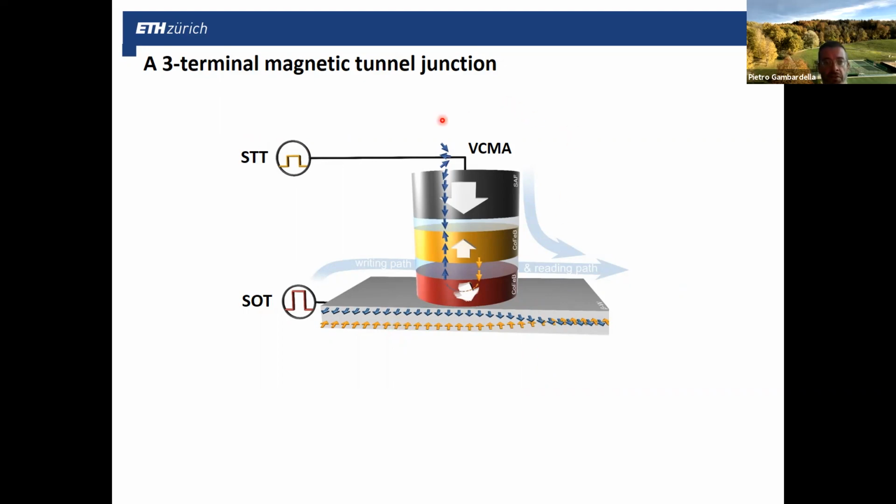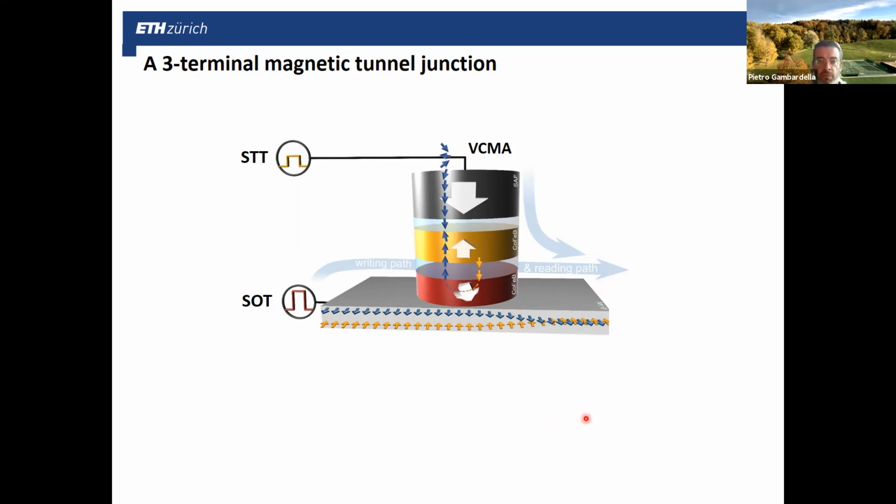And then there is a third effect that is called voltage control of magnetic anisotropy. That is basically the fact that when you apply a bias to a magnetic layer, you can actually modify the magnetocrystalline anisotropy of this layer by charge transfer effects. Okay. And this can, for example, assist the switching by reducing the magnetic anisotropy right at the time when this is useful, so when you want to switch the magnetization of the free layer.